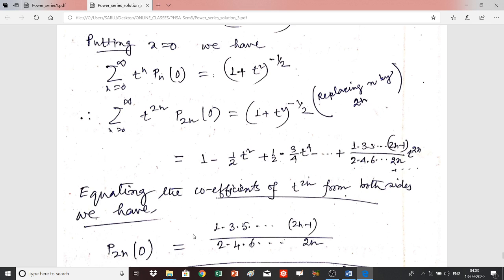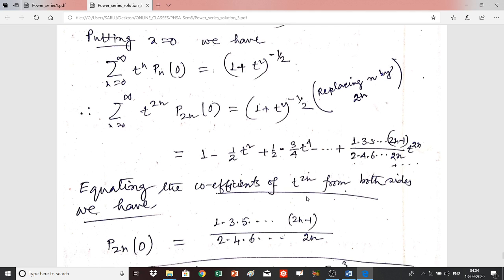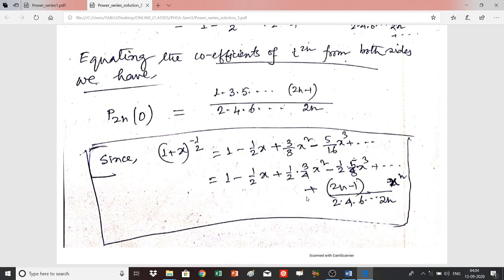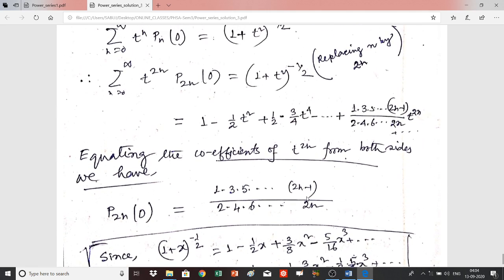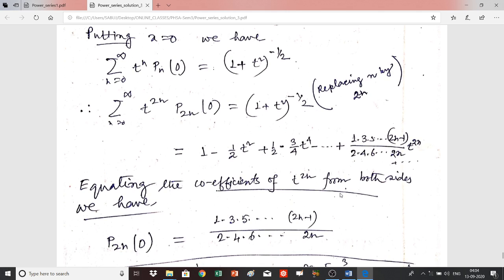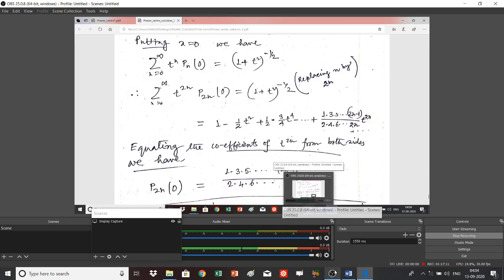Just rectify it: minus 1 to the power n should be there. Okay, so just practice all these and there will be no problem to understand. This is the end of this lecture, and you should practice all these things and there will be no problem to understand.